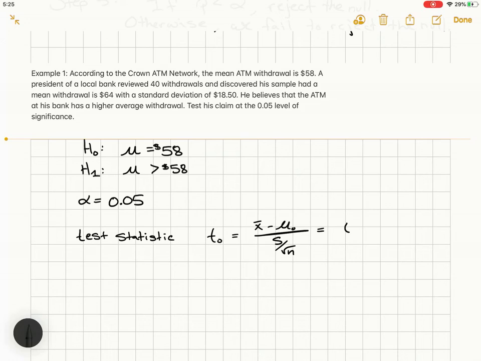In our case, x bar is his sample average, $64, minus the specified value, 58, divided by s, 18.50, over square root of 40.